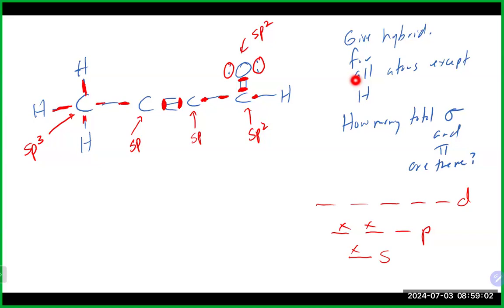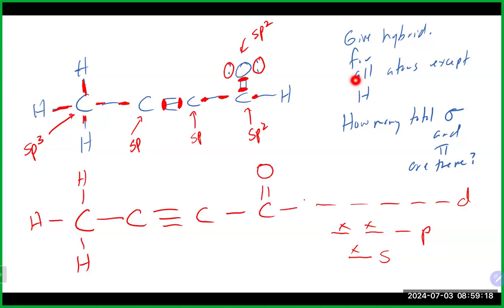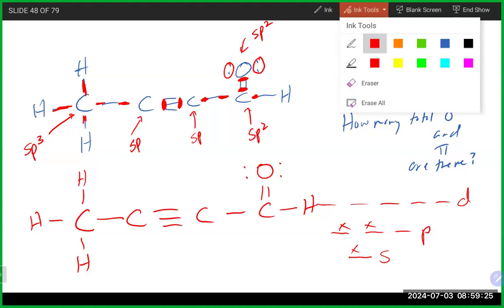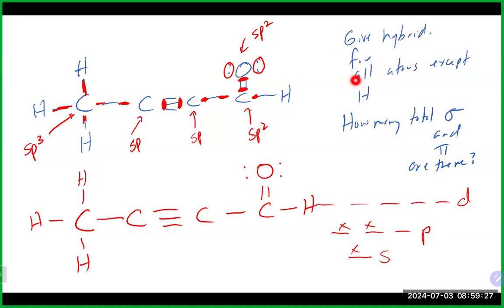Now, in terms of how many sigma bonds and pi bonds there are, if we come back through, just redraw it here so it doesn't get so messy. That triple bond, still, and that. All right, so clearly anything that basically is a single bond is going to be a sigma bond, right? So this is going to be a sigma bond, that will be a sigma bond, that's going to be a sigma bond, that will be a sigma bond.